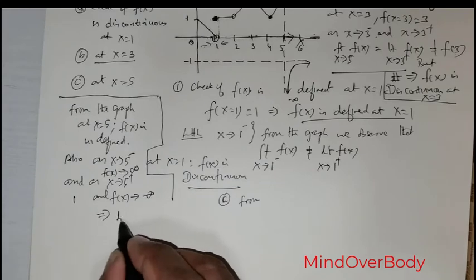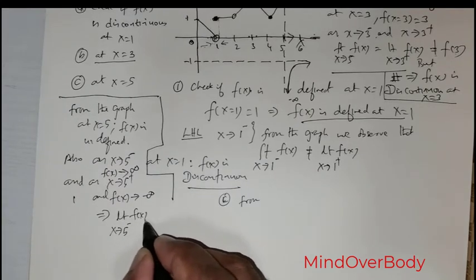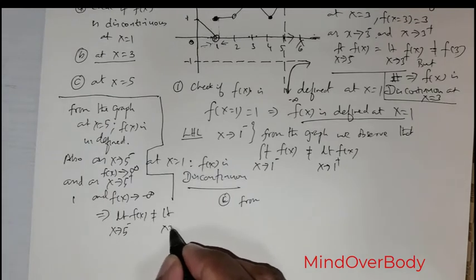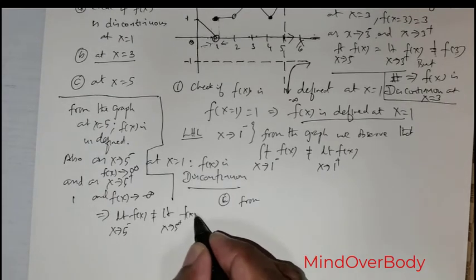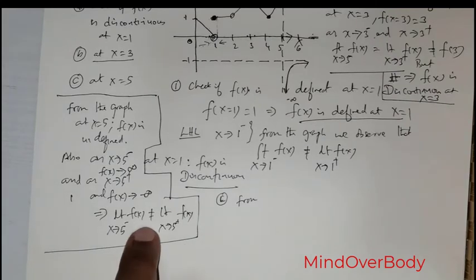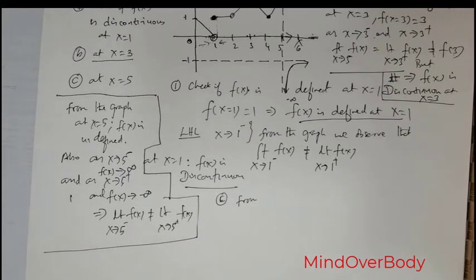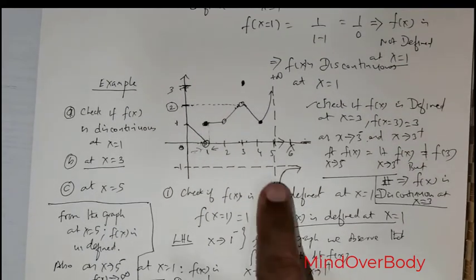So this would mean the left hand limit of the function is not equal to the right hand limit of the function. Of course, I need not have come to this particular point, but just for the sake of consistent reaffirmation, I am placing this point also. So clearly the function is discontinuous at x is equal to 5.